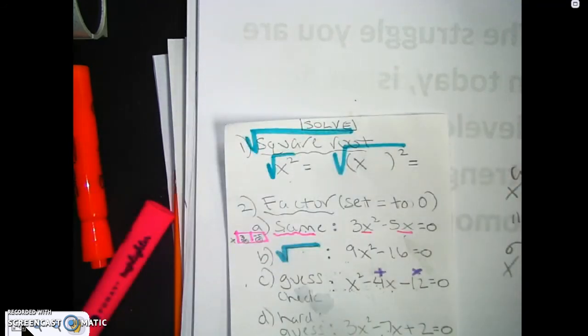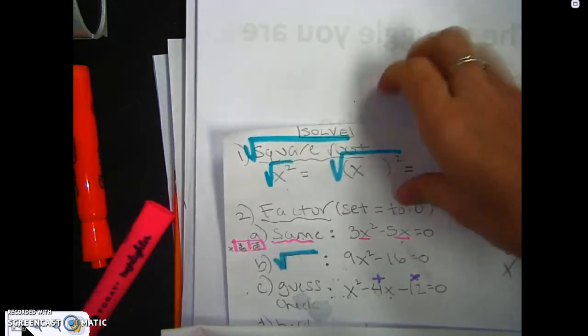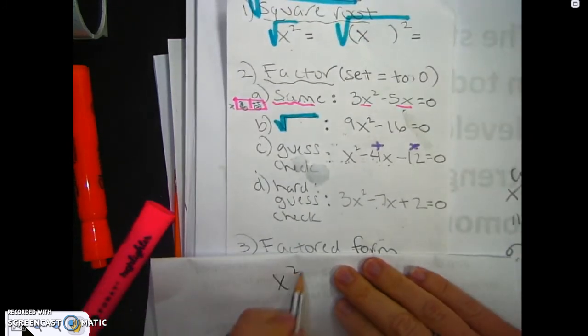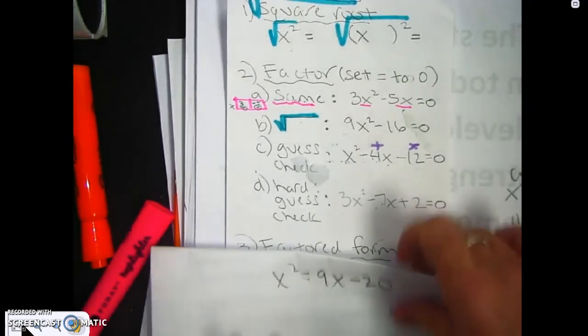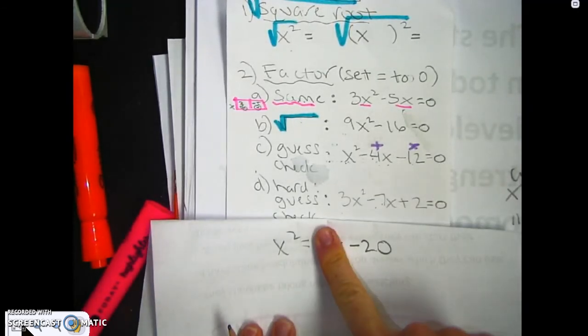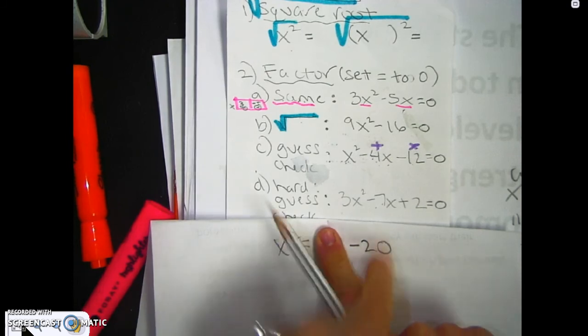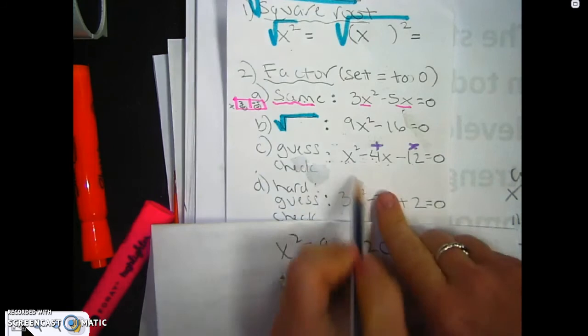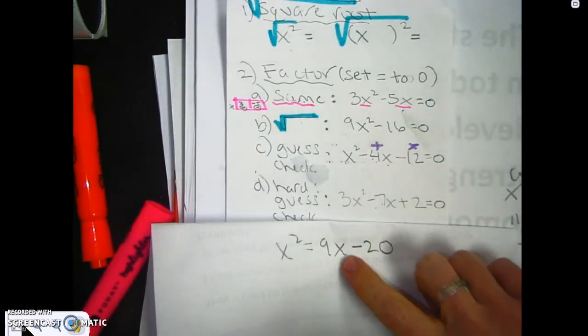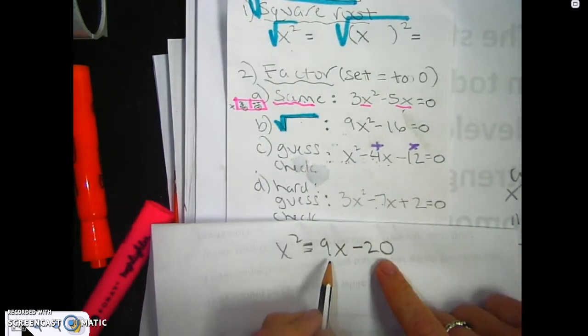Let's do one more. x squared equals 9x minus 20. Now, if this problem didn't have this, then this would be the square root. But since it has the x, it reminds me of guess and check. But in order to do that, I need to set it equal to 0.